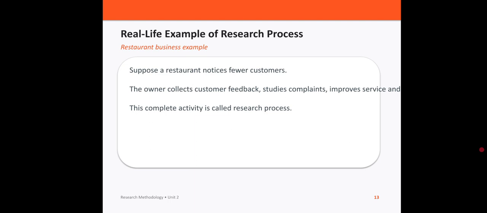In addition to that, he takes better decisions in favor of customers. This complete activity is called the research process. So students, the research process helps businesses to solve problems systematically.